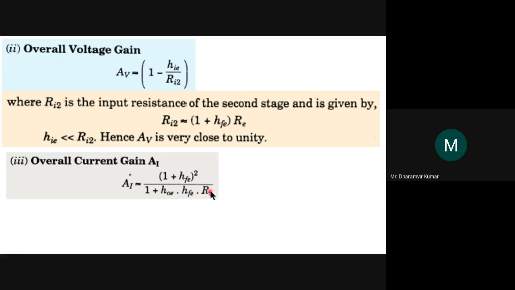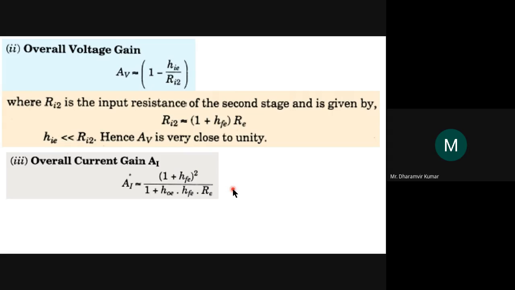And this Re, let's say some few kilo ohms, so 10 to power 3. So 10 to the power minus 4 into 10 to the power 3 means 10 to the power minus 1, 1 by 10, 0.1. So 1 plus 0.1 is approximately 1. So the denominator is not affecting the overall term much. So this whole square will come out to be a high value.